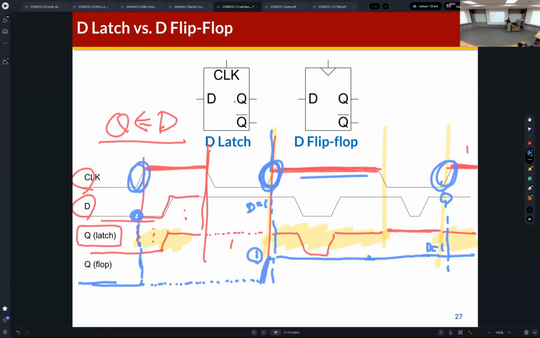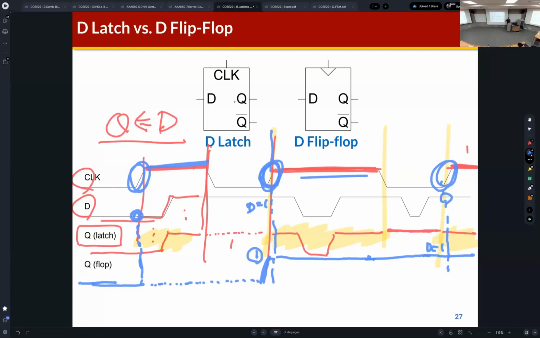So I believe you can understand the differences between the latch and the flip-flop. For the latch, we just check the signal value of the clock. If the clock is 1, then Q becomes D. But for the D flip-flop, we just check the rising edge of the clock signal, and then sample the value of D at that rising edge of the clock, and then Q becomes D. Otherwise, Q is maintained.